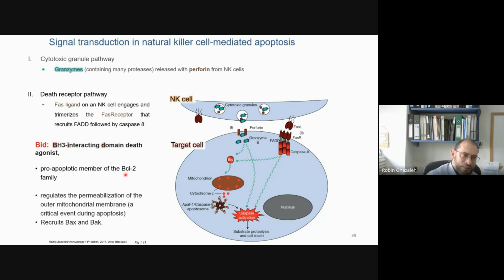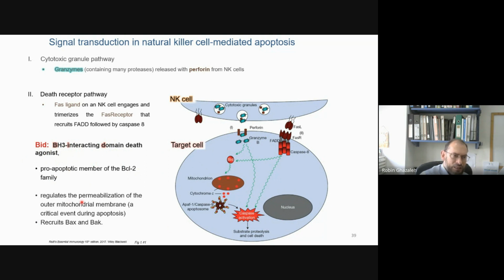Something called the BCL2 family contains many, many members, most of which are involved in activating apoptosis via the mitochondria. And one of the key intermediaries, one of the key parts of this pathway is this molecule here called BID.